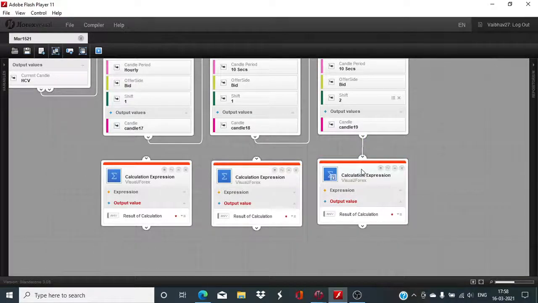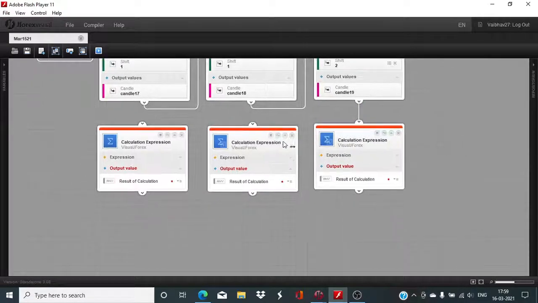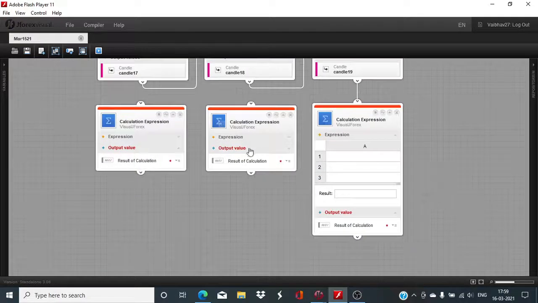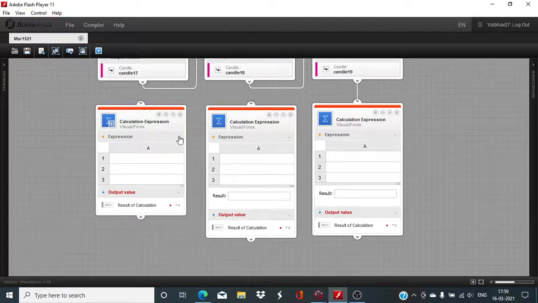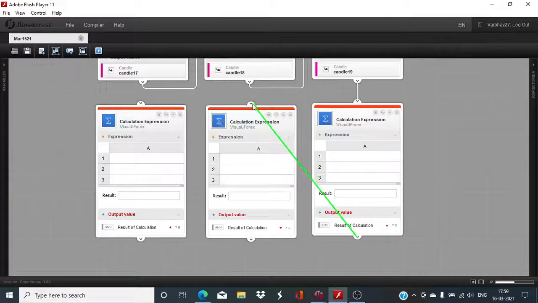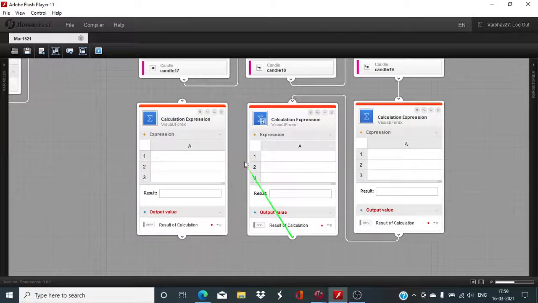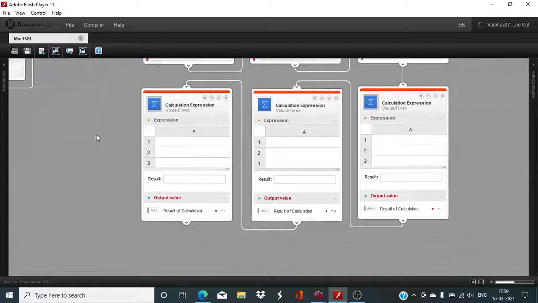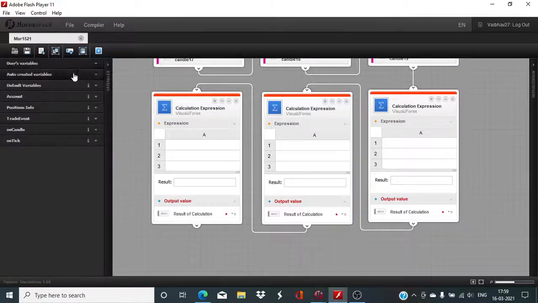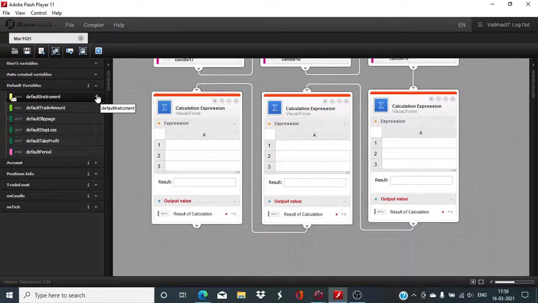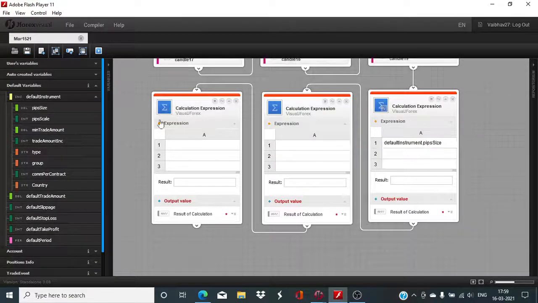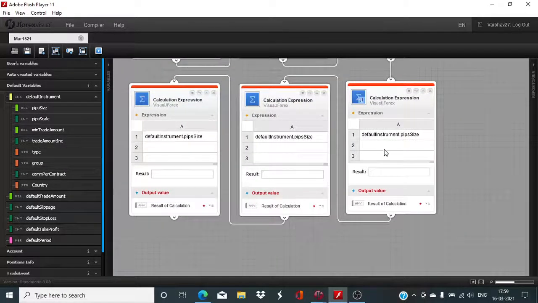And here I will add the default instrument pip size and in all these three blocks we will need this, and then simply multiply the pip size by the desired value.